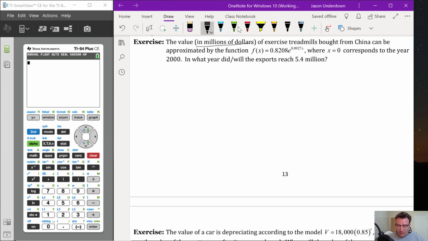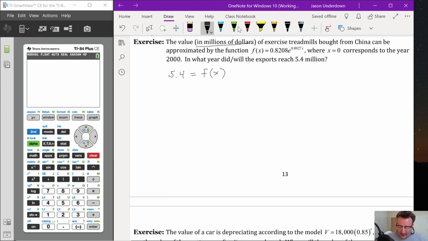So what we want to do is set the function equal to 5.4 million and solve for x. This is what we want to do. Okay. I'm going to show you, though, a little technique that I really like that I think is a huge time saver. Okay?